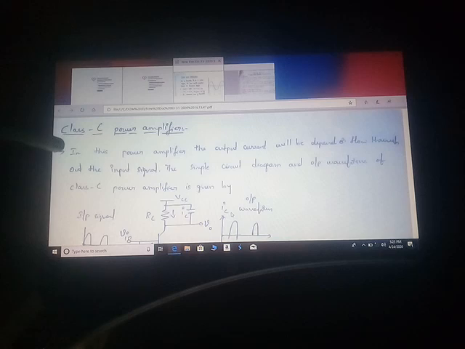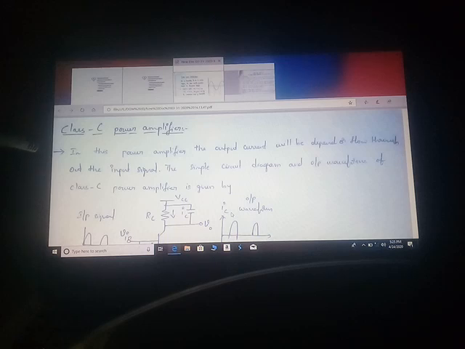Among these power amplifiers, which one is a good amplifier? The class AB power amplifier is a good amplifier. Why? In most electronic applications, the amplifier we consider is the class AB power amplifier, and we are not considering the class B power amplifier.